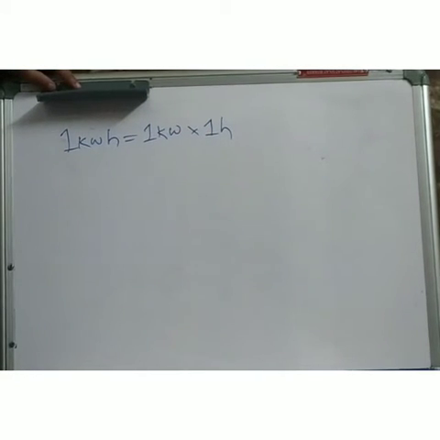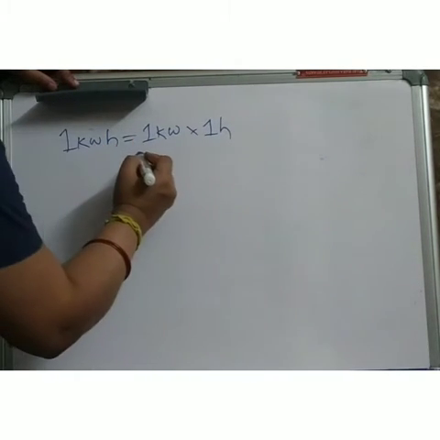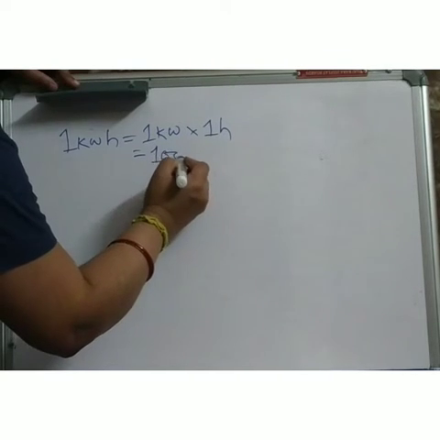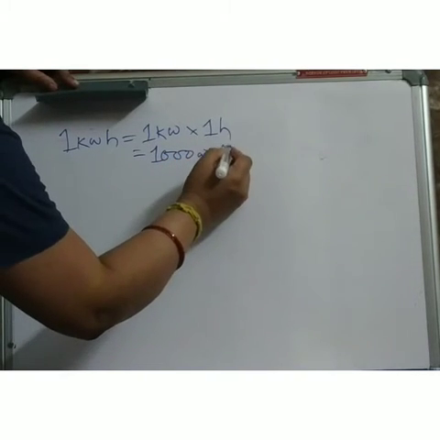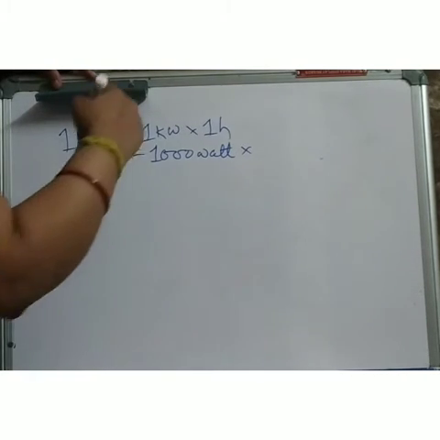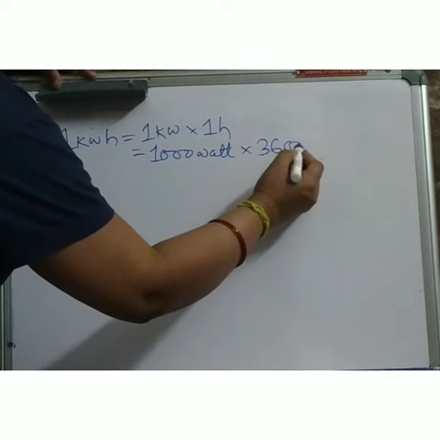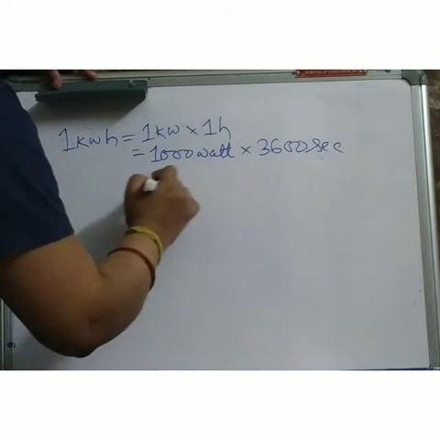Power into time is your energy. So 1 kilowatt into 1 hour. This 1 kilowatt is 1000 watt. We have already seen 1 hour is equal to 60 into 60 seconds, so you can write 3600 seconds.